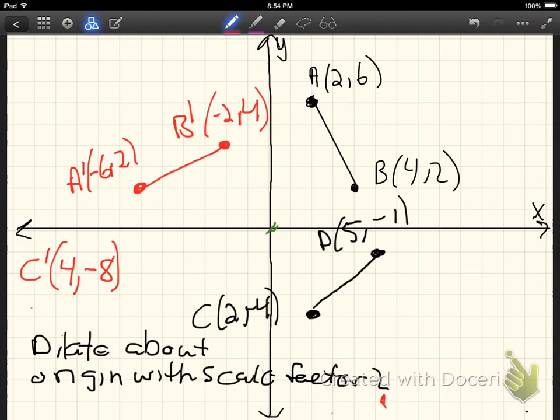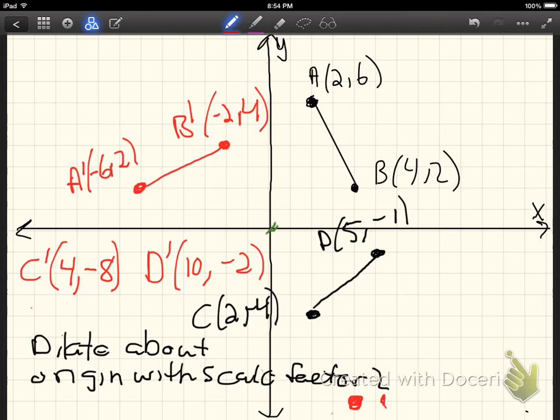Okay, my D prime, my old D was at 5, negative 1, so 2 times 5 is 10, and negative 1 times 2 is negative 2. So if I plot those points, 4, negative 8, over 4, 1, 2, 3, 4, 5, 6, 7, 8, are way almost off the graph.